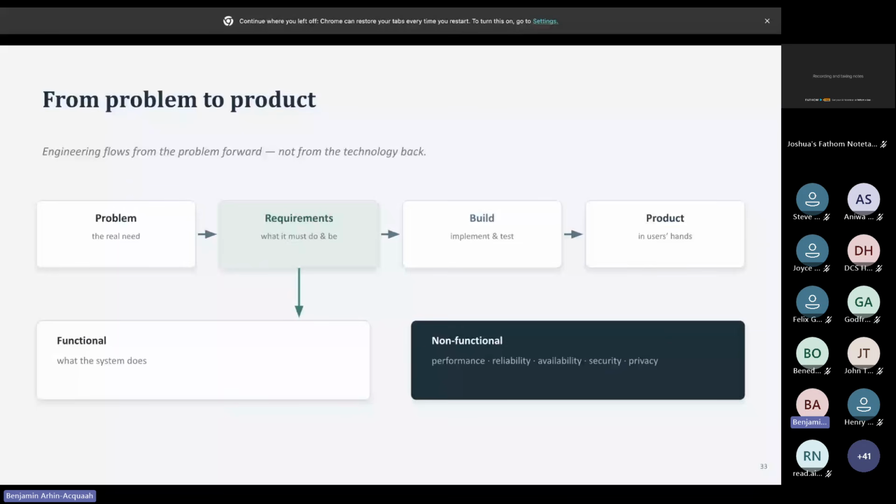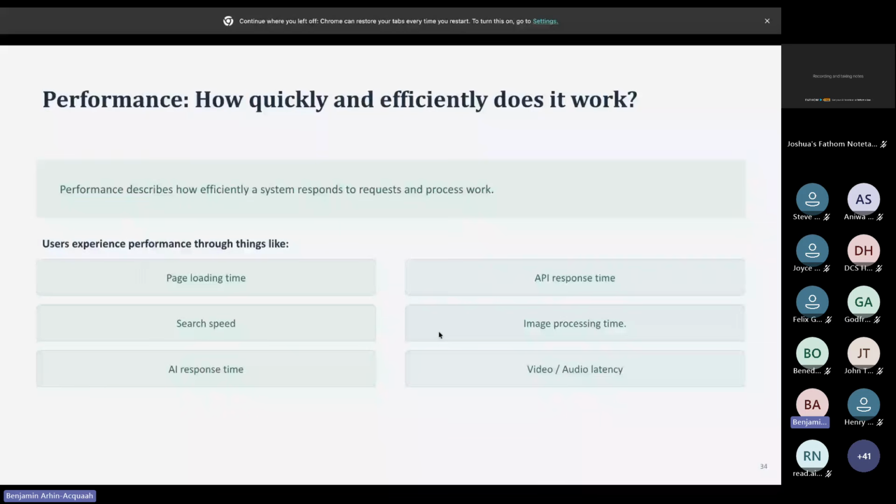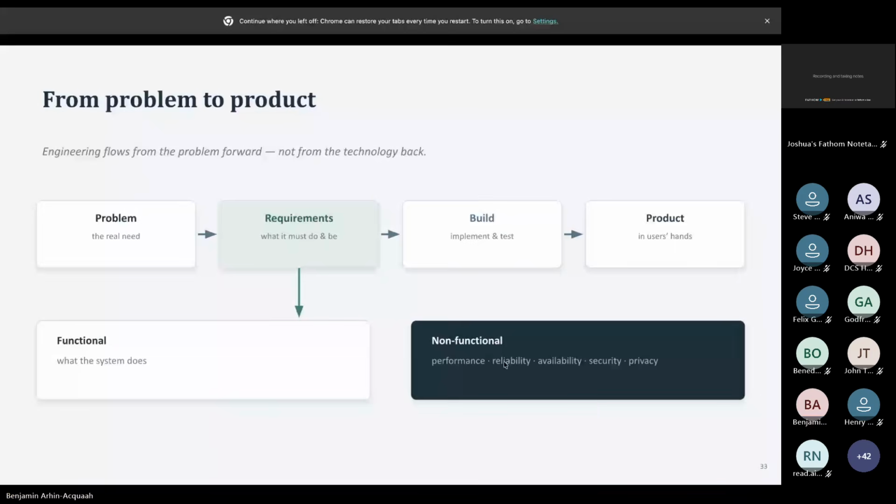So you can see the non-functional requirement is kind of isolated, as if it's not playing any role here. But without non-functional requirements, your application may not work, right?